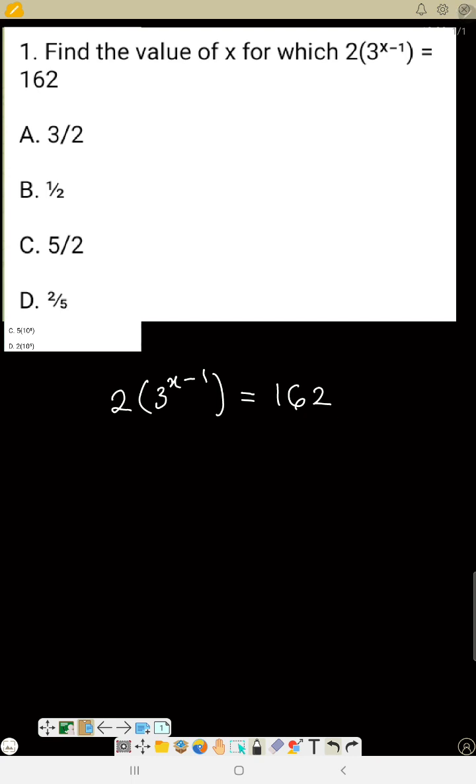So to find s here, the first step is to divide through by 2 to clear that coefficient. Divide both sides by 2.